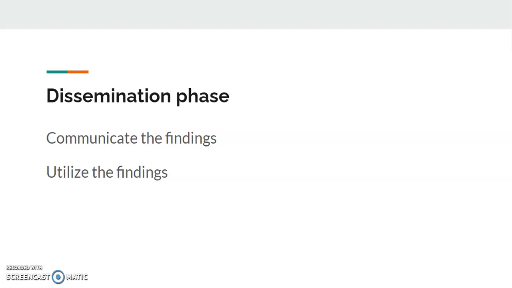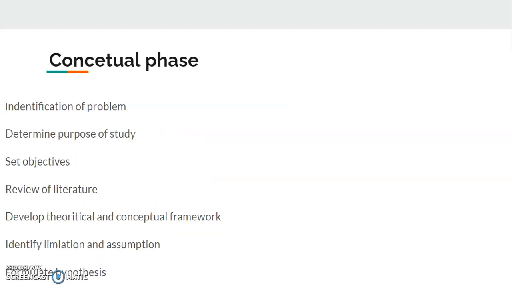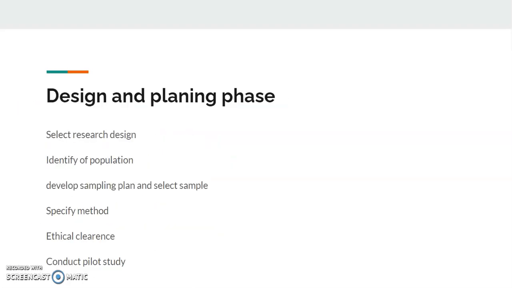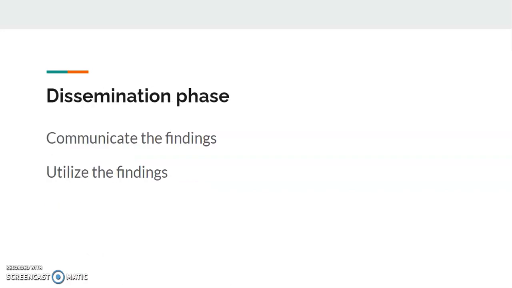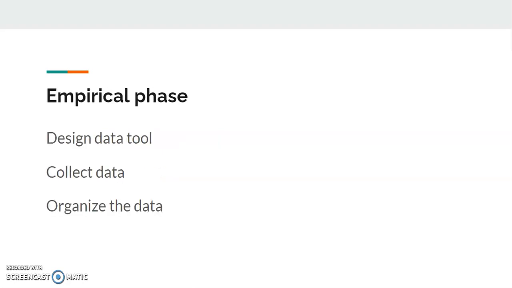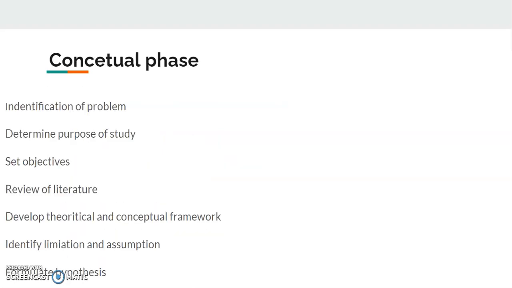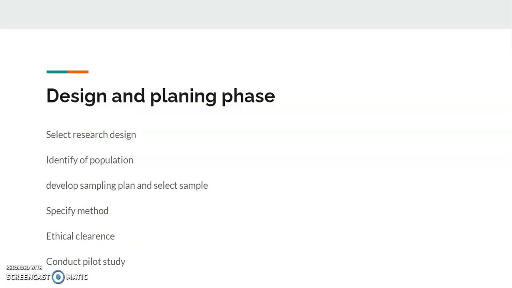Okay, so there are 5 phases: conceptual phase, design and planning phase, empirical phase, analytical phase and dissemination phase. In the conceptual phase, you identify the problem, set objectives, do review, formulate hypothesis. In the design phase, you will select the research design, population, sampling, get clearance and conduct a small pilot study.